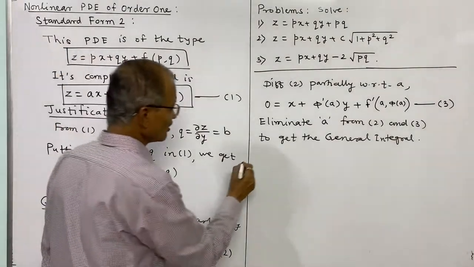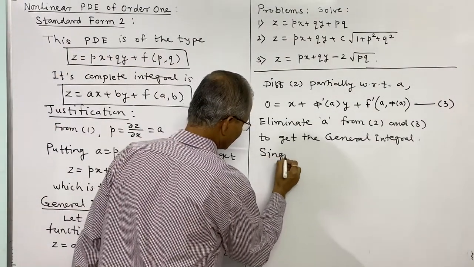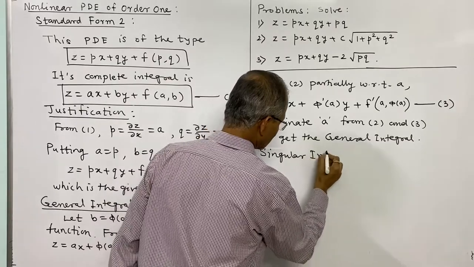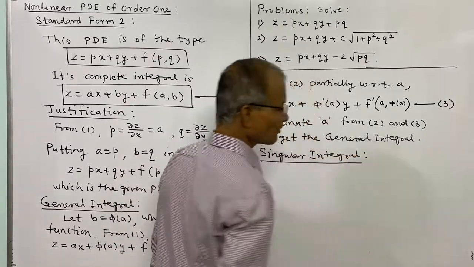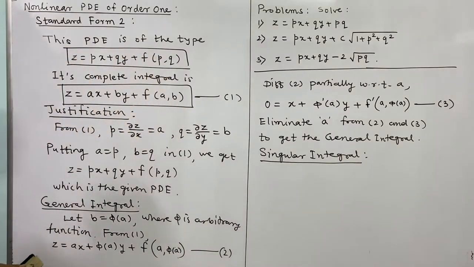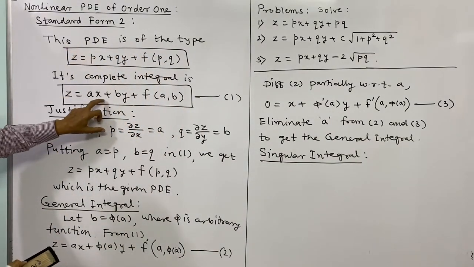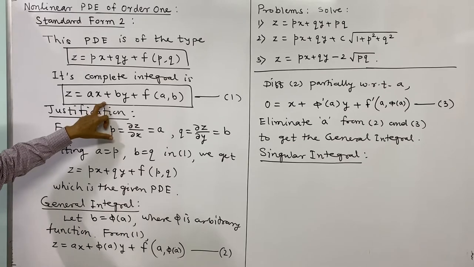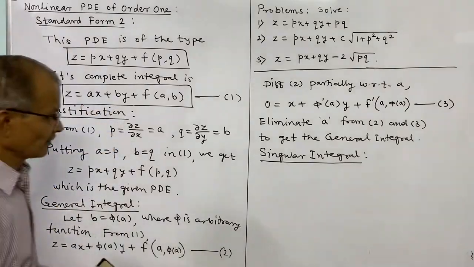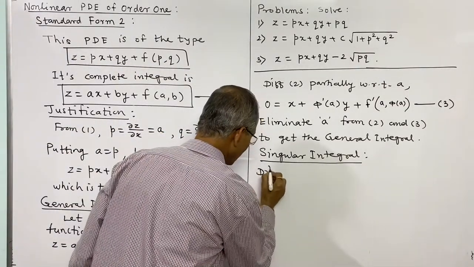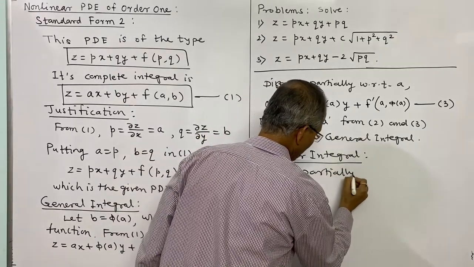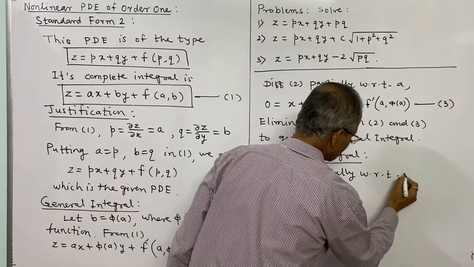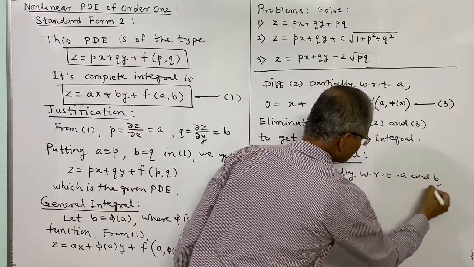Now next is the singular integral. This is to be obtained from the complete integral again. See, this is the complete integral. We differentiate the complete integral 1 partially with respect to a and b.